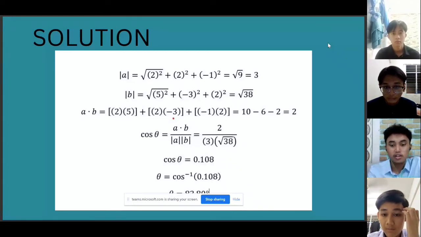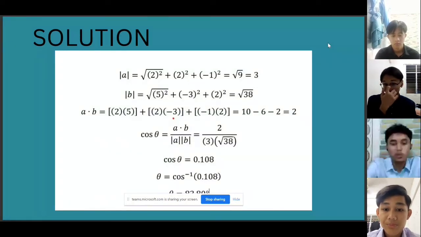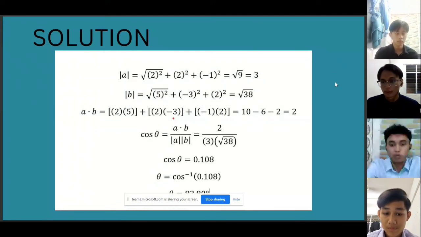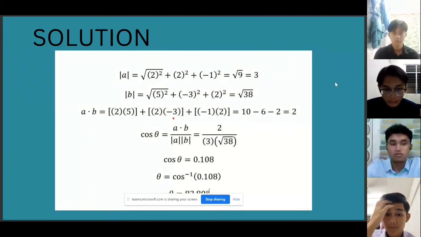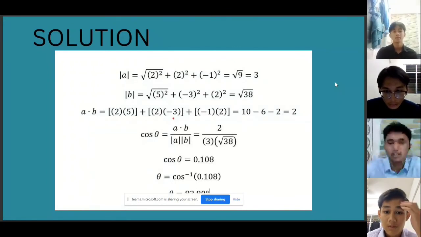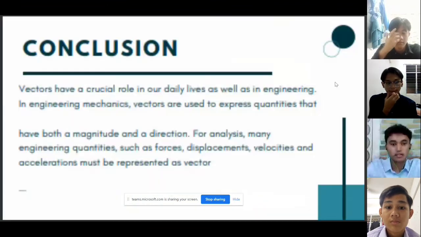That is equal to cos theta, and we try to solve for the angle. We just take the cos inverse and calculate using a calculator, and the answer is 83.80 degrees, and that's the answer. Next.